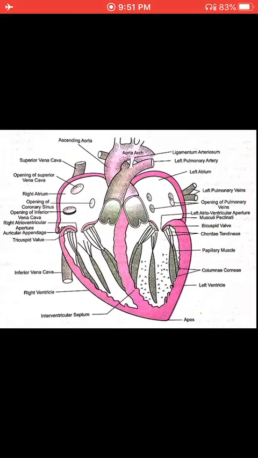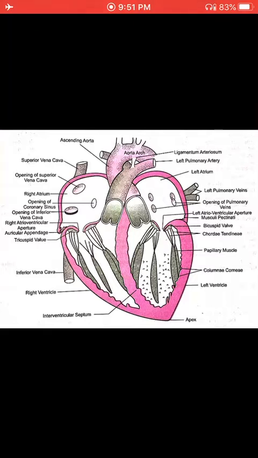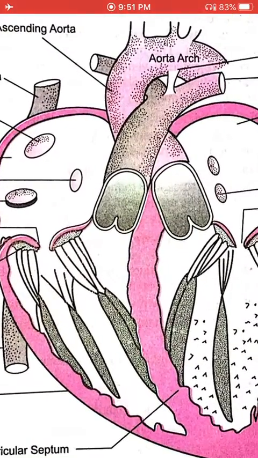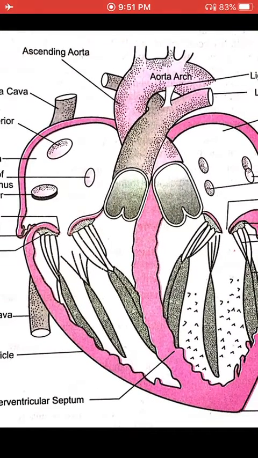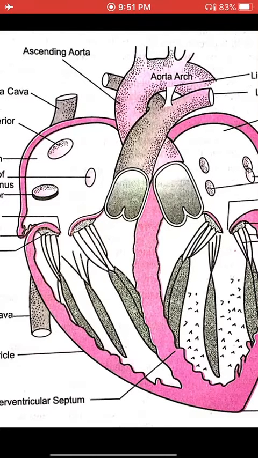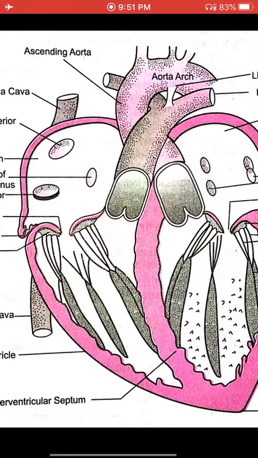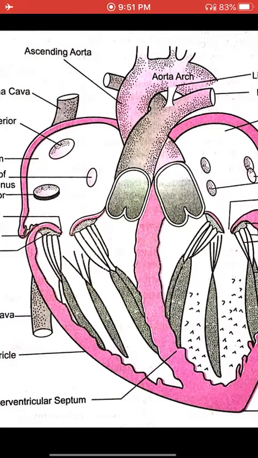Now the interventricular septum has fibers known as Purkinje fibers, which carry the electrical impulse generated by the SA node. The SA node is present on the right side corner of the right atrium on the interauricular septum.